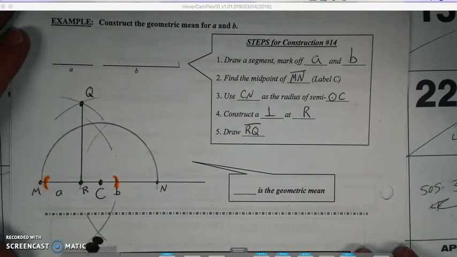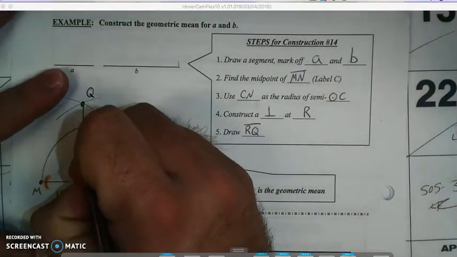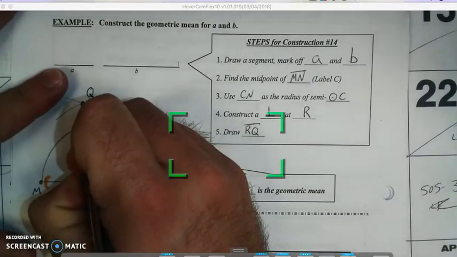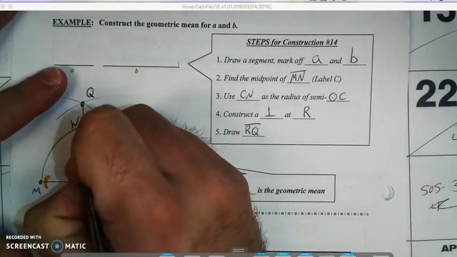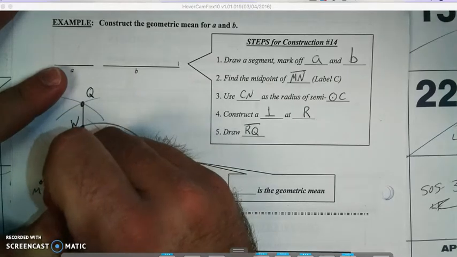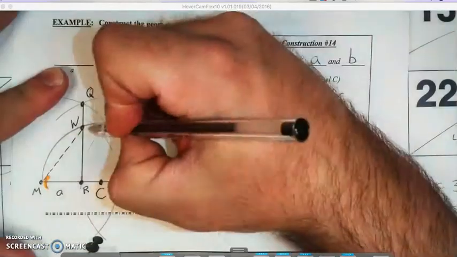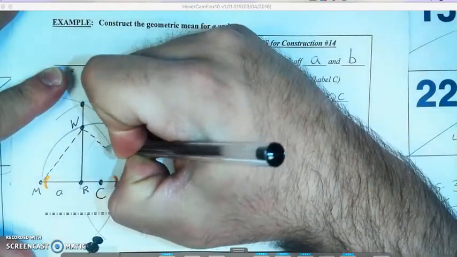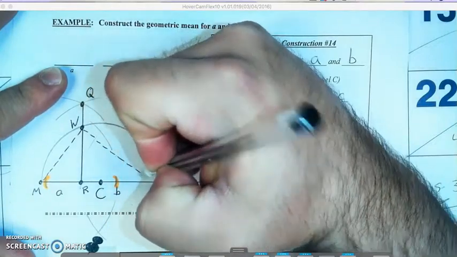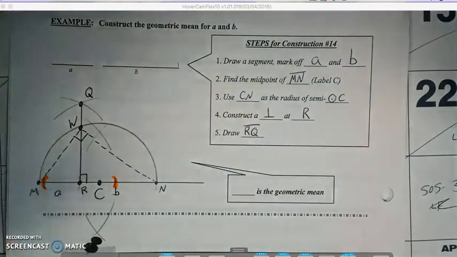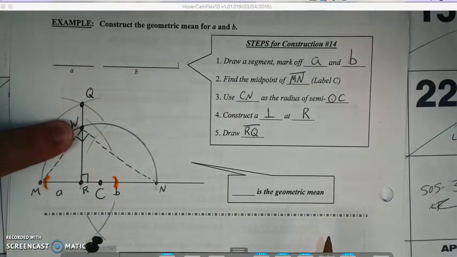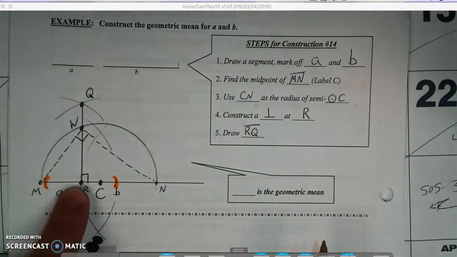The whole reason we did this is because if we connect the point on the semicircle, this is point W, if we connect that to M, then we connect W to N, we now have formed a right angle at angle W, and this angle at angle R is a right angle.